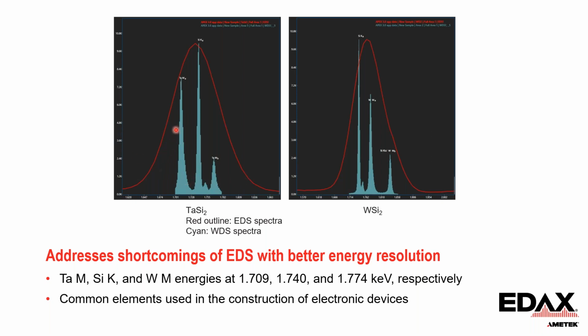In this spectrum, for the platinum M and silicon K, we see the EDS spectrum is heavily overlapped, but these energy lines are separated out in the WDS spectrum. And here, this is tungsten and silicon. The EDS has overlap, and the WDS can separate out those peaks.